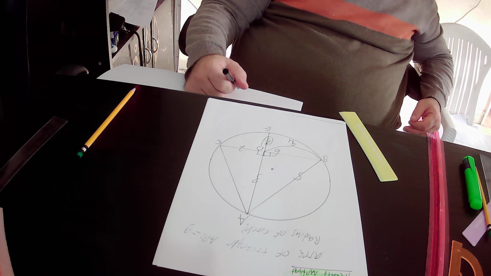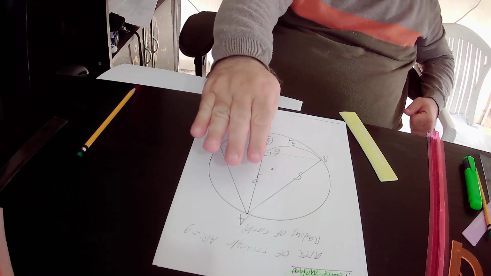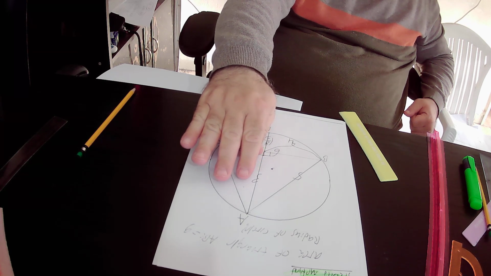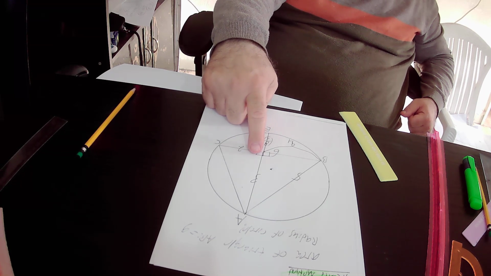And we also know that the sum of the angles on one side of a straight line is equal to 180 degrees. So if we focus on this side of the straight line AE at point D, then the sum of the angles here must be equal to 180 degrees. This angle equals 90 degrees.